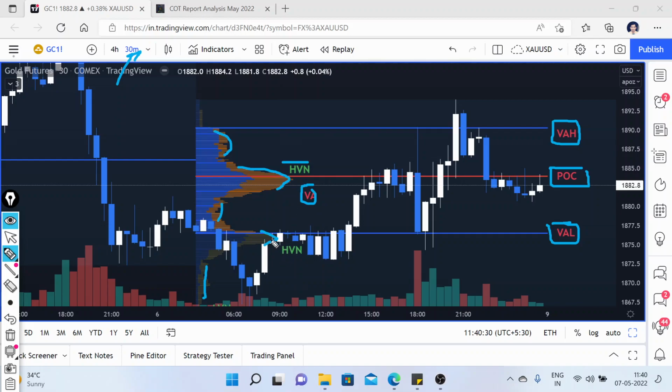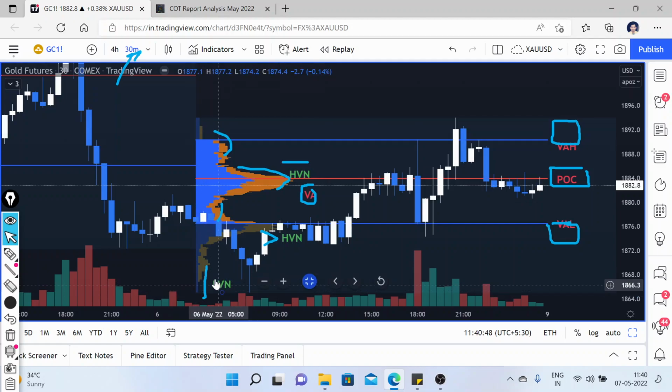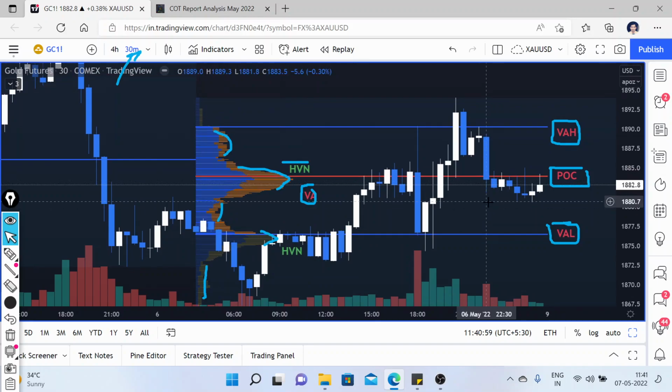This one is a high volume node because, as you can see, we have high volume traded over this price level. And if we scroll to the downside, this is the low valley, or the low volume node. So these are the terms that you have to use on the volume profile tool.